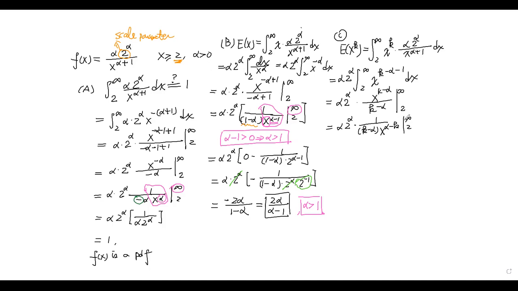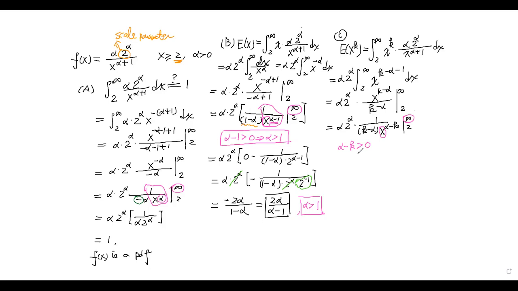All right, so if x is going to infinity here, right? So if x goes to infinity, that means this is going to be infinity. So in order for this one to approach 0, alpha minus k has to be greater than 0, right?